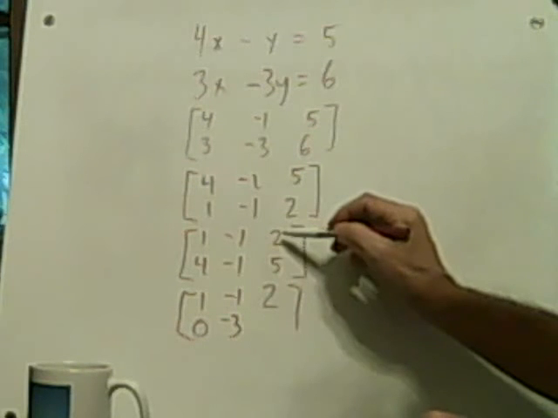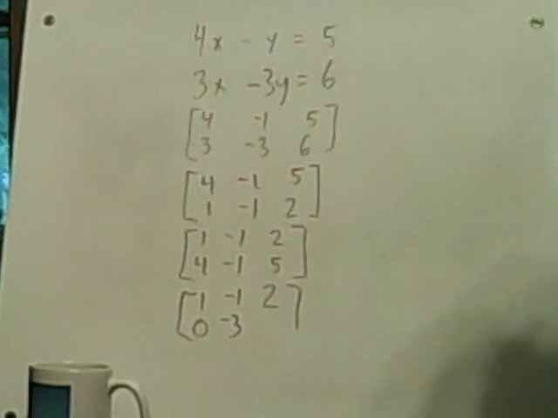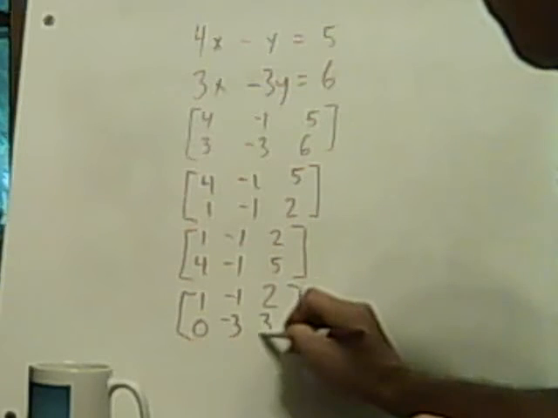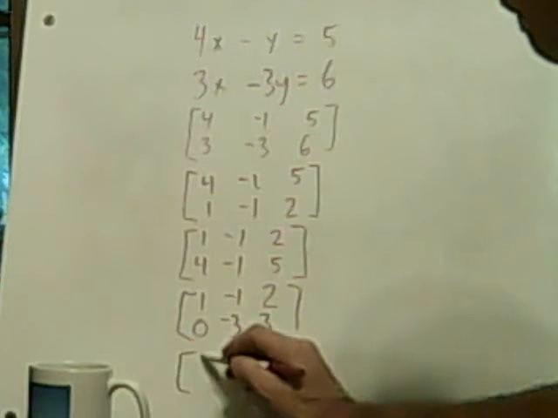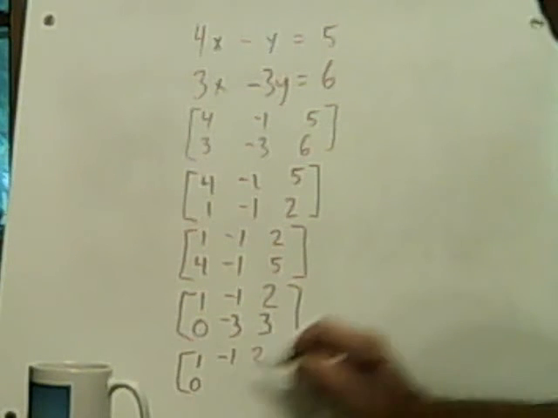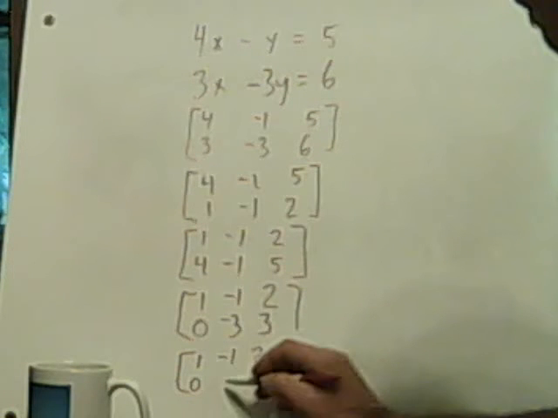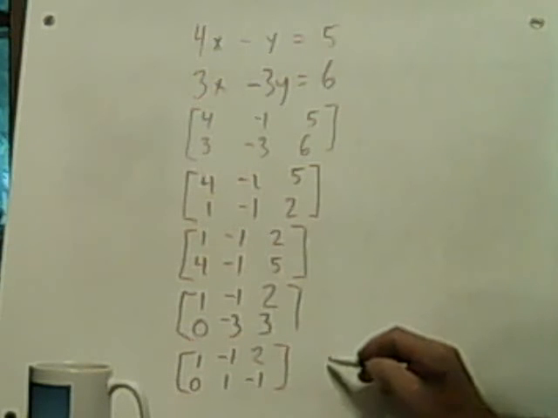Okay. Now, 8 minus 5 is still 3. So the second equation is now going to be easier. And it's kind of a giveaway that I got a fraction there. I divide the second equation by 3, not by negative 3, to produce a 1 and a negative 1. This now represents the equations.